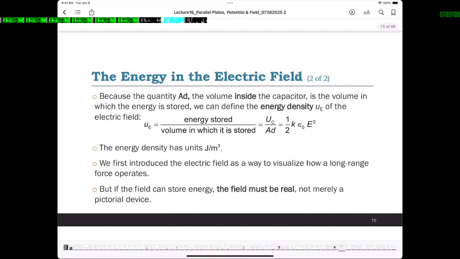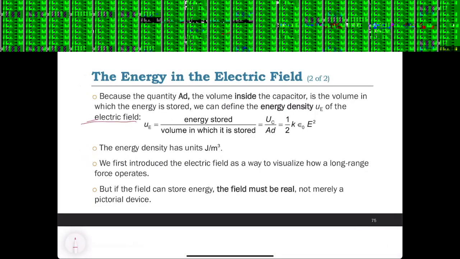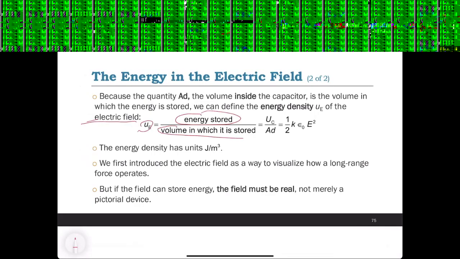Okay. Because the quantity AD, the volume inside the capacitor, is the volume in which the energy is stored, we can define the energy density u_E of the electric field. u_E is the energy stored divided by the volume in which it is stored.